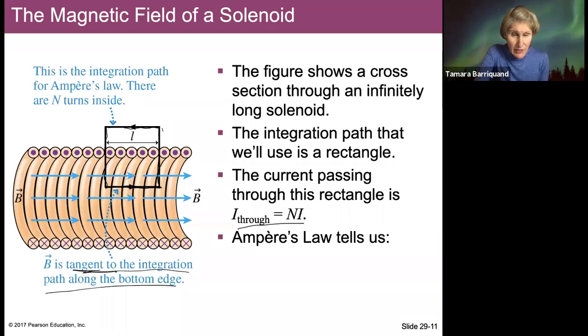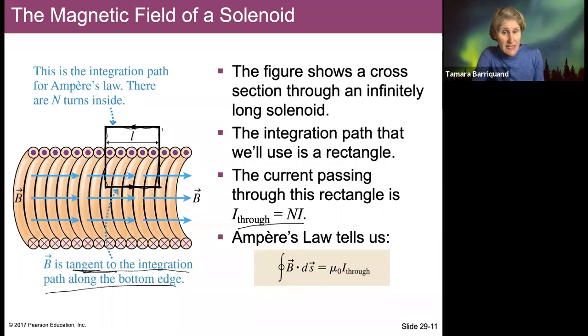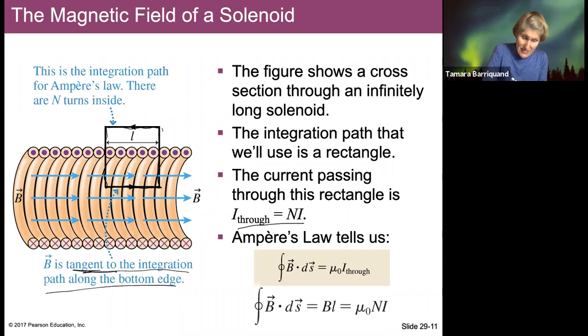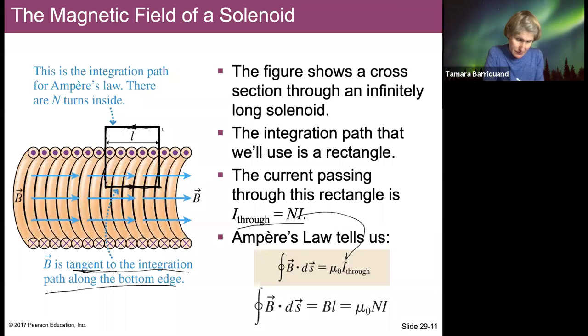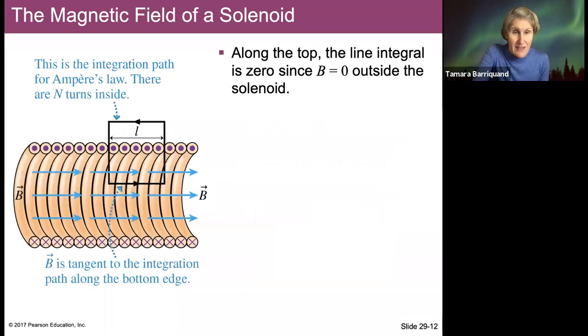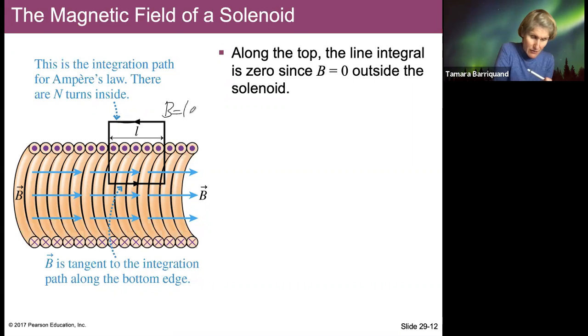So Ampere's law, we know, tells us that the integral of B dot ds is mu naught times I through. So in that case, the integral of B dot ds equals BL, and that equals mu naught N I, because we see that N I is what our I through is. Now along the top, the line integral is 0, since B equals 0 outside the solenoid.